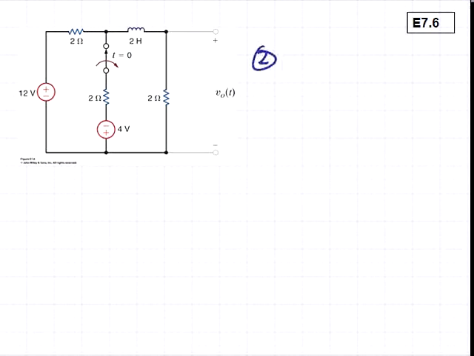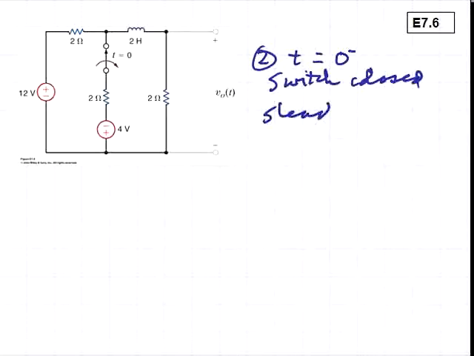The second step is to consider the time t less than 0. We'll choose t equals 0 minus. The switch is still closed at this instant, and we are in the steady state condition.